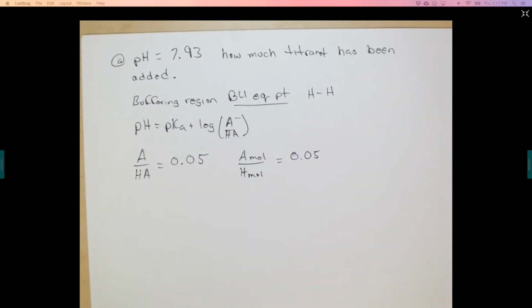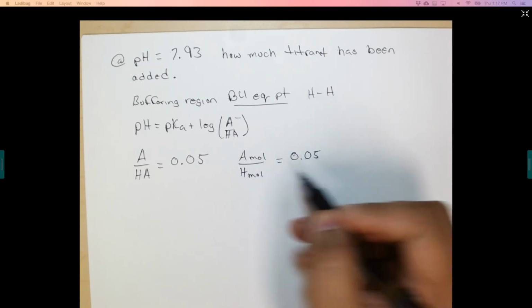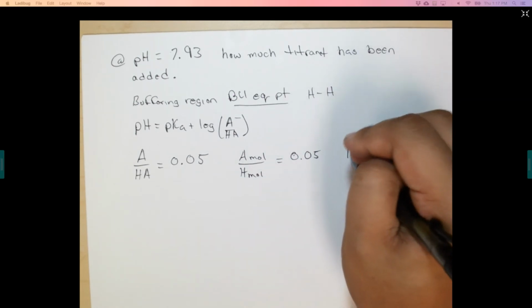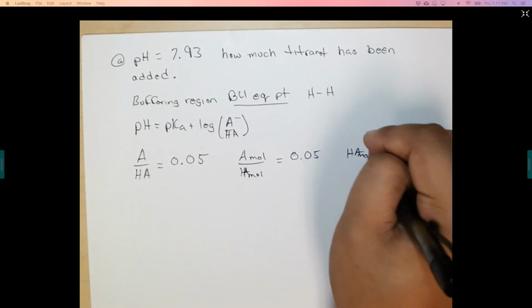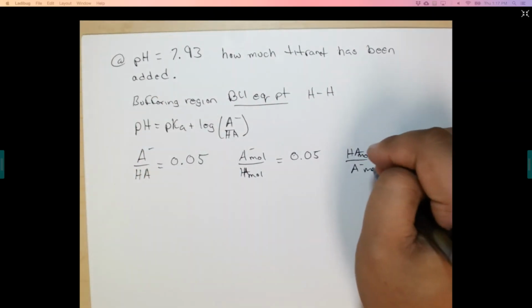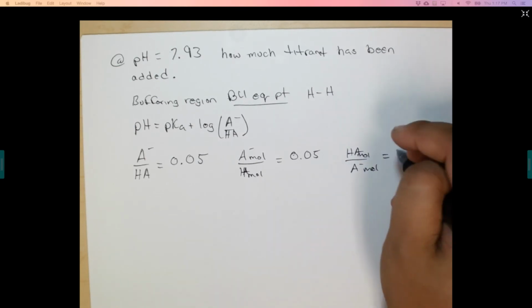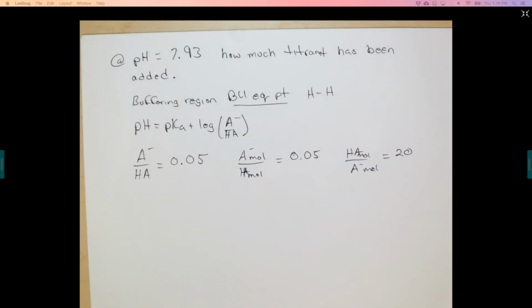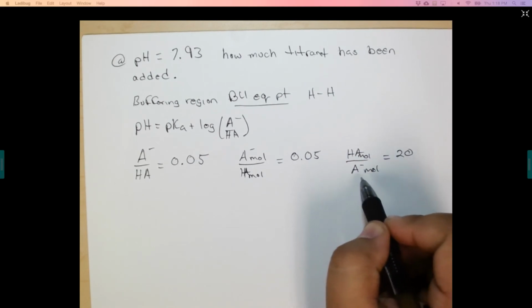Therefore the inverse, HA moles over A minus moles, is equal to 20. So we have to have 20 times more HA than A minus.